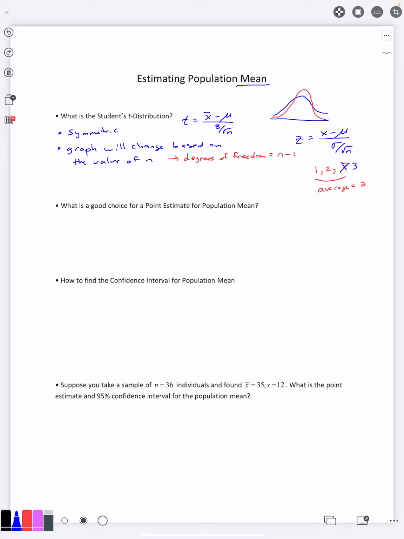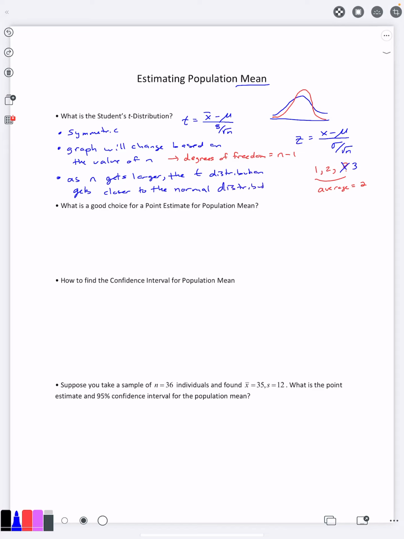Another property is that as n gets larger, the t-distribution gets closer to the normal distribution.